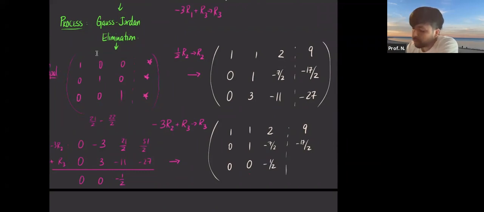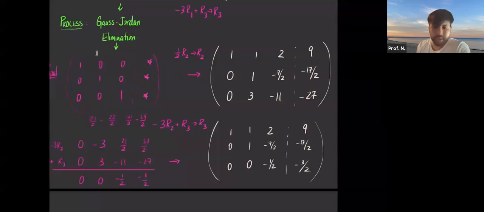And then we do 51 over 2 and subtract. This becomes negative 54 over 2, so when you subtract that, you get negative 3/2. That's going to be my last entry here. The annoying thing is that we have these fractions to take care of, but it is what it is.